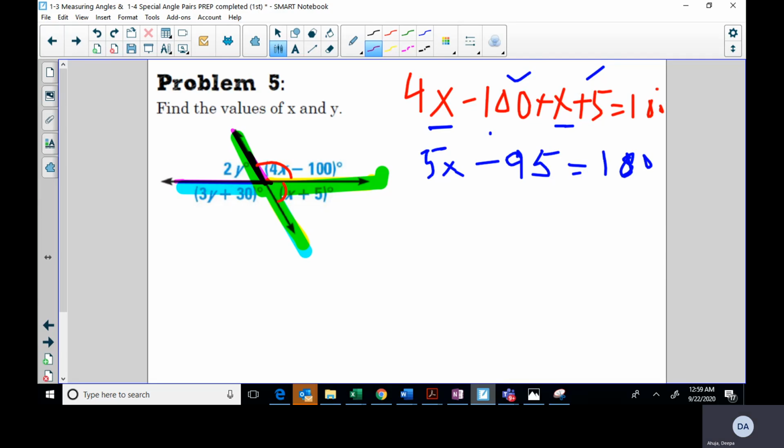Now, to solve for x, you will add 95 on both sides.